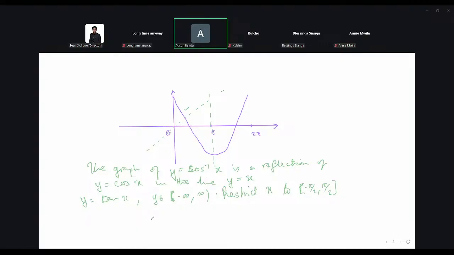So in that case, if you remember how the tangent graph was looking like, I'll be able to draw it in a few minutes. Then the function tan x will be 1 to 1 if we restrict x to minus pi by 2 to pi by 2. So y is equal to tan x becomes 1 to 1.